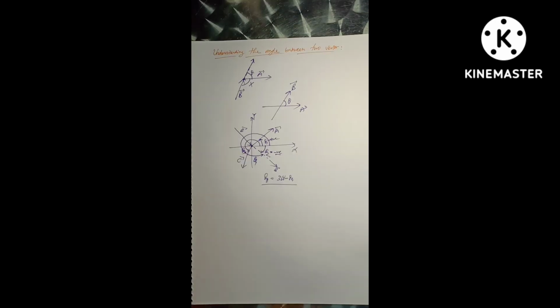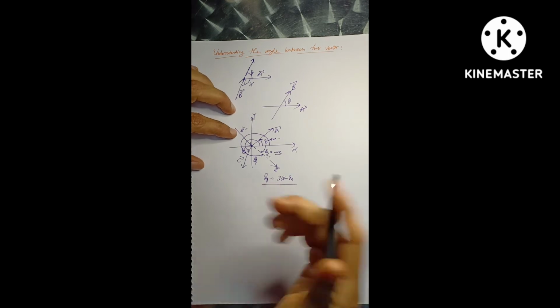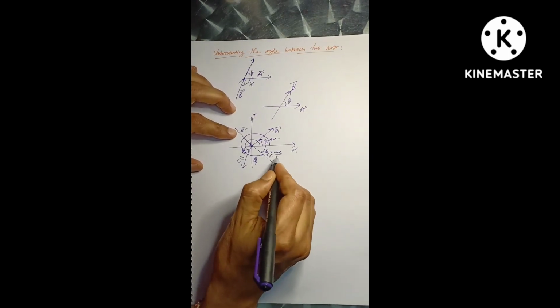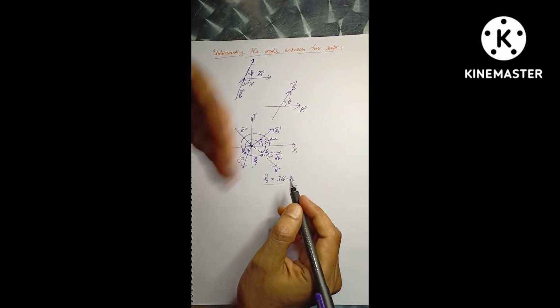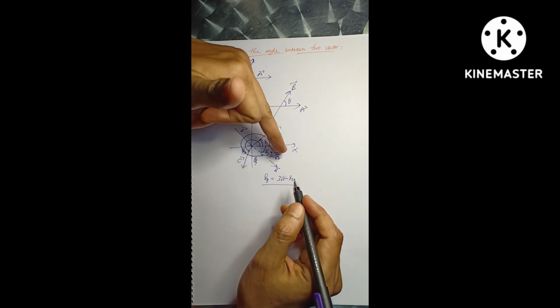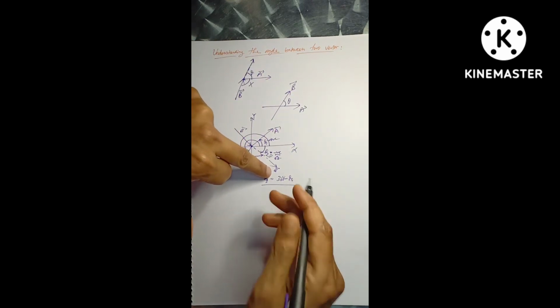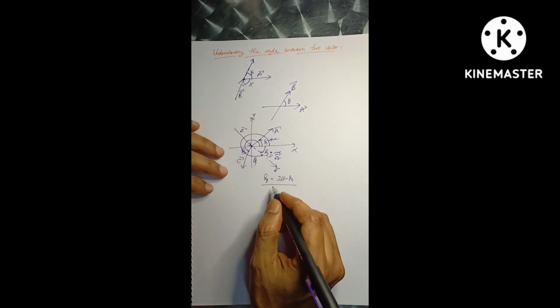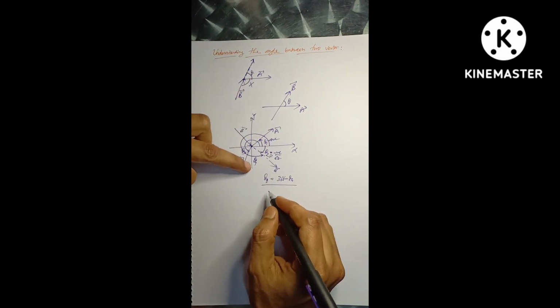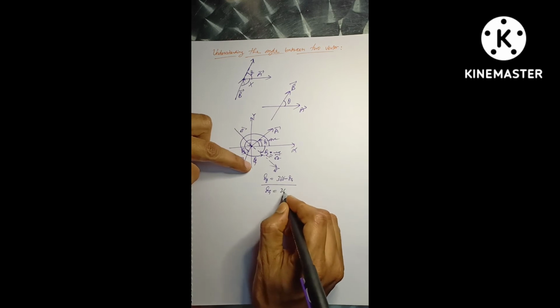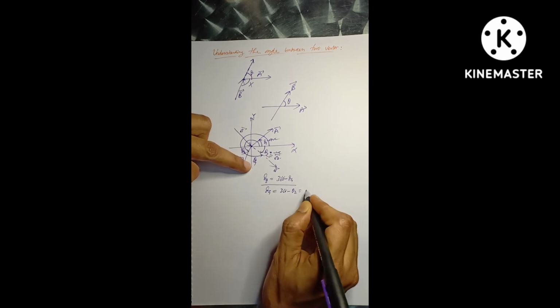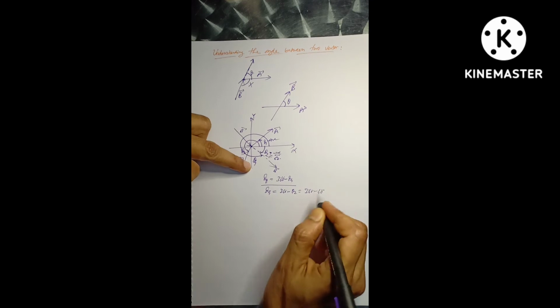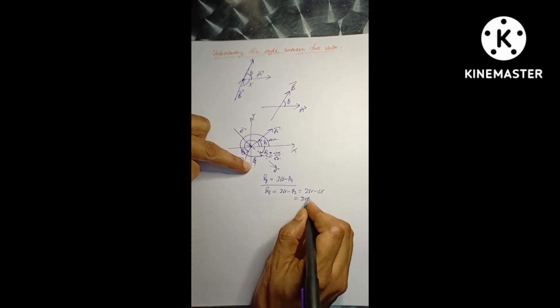That means, suppose theta 2 is 60 degrees. So what is the angle the B vector makes with respect to the x-axis? In this case, this will be the angle theta 4. Theta 4 equal to 360 minus theta 2, 360 minus 60 degrees equal to 300 degrees.